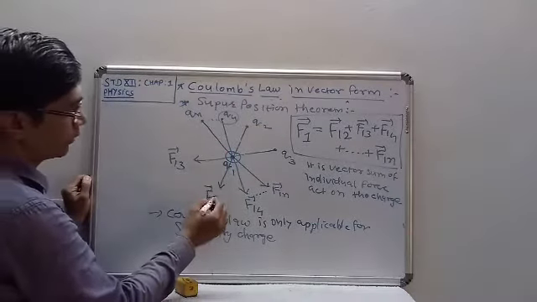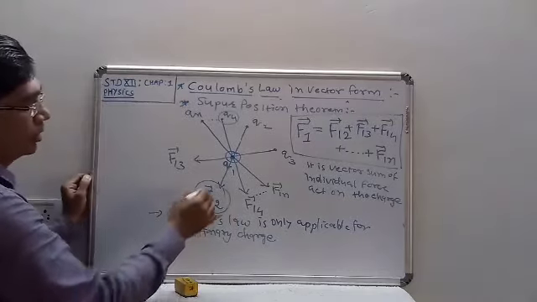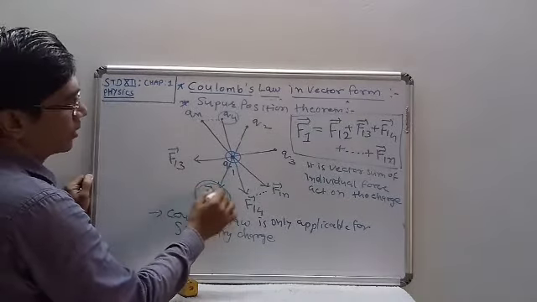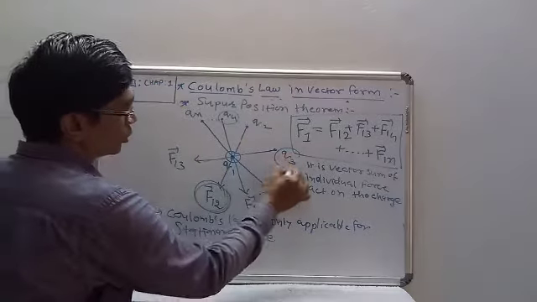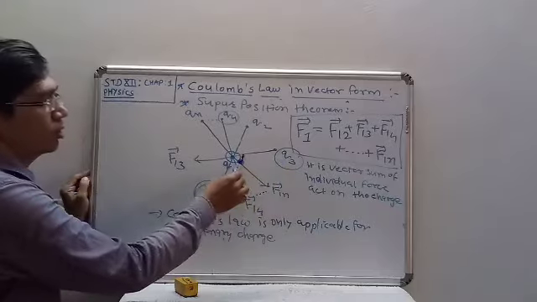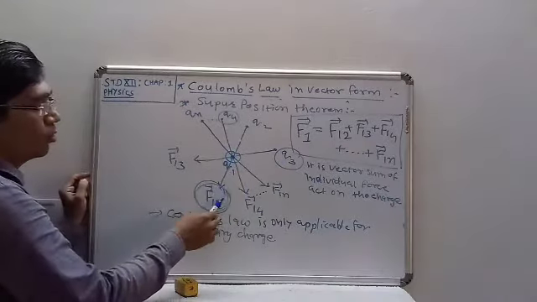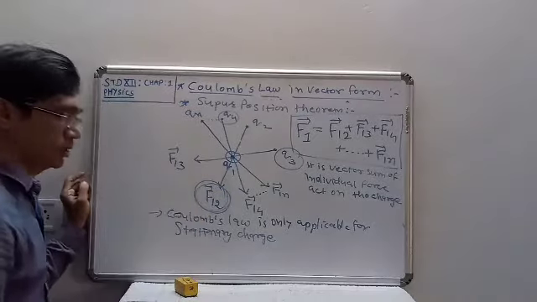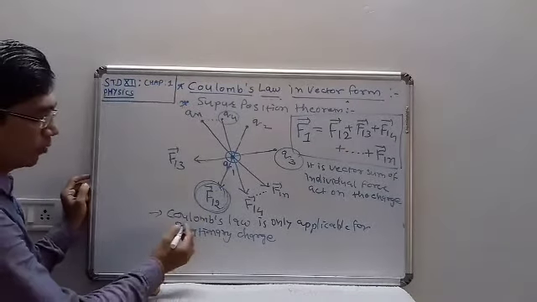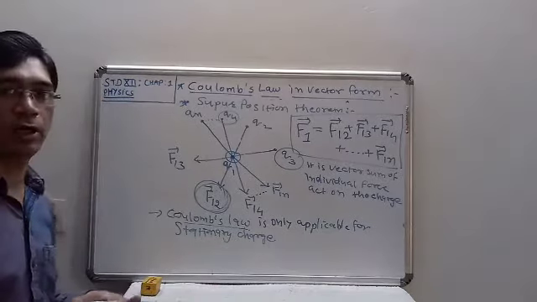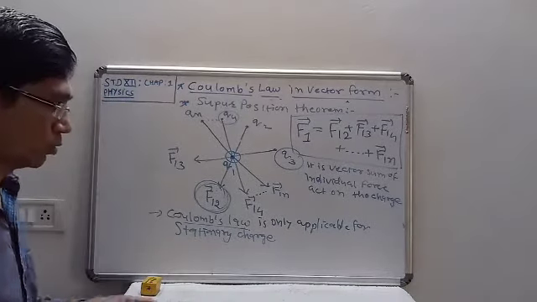If you are taking the F12 force, then on the F12 force there is no effect by the charge Q3. So any other charge does not make any effect on the electric force due to the other charges. This is also one property of Coulomb's law. The electric force is generally known as the Coulomb force also.